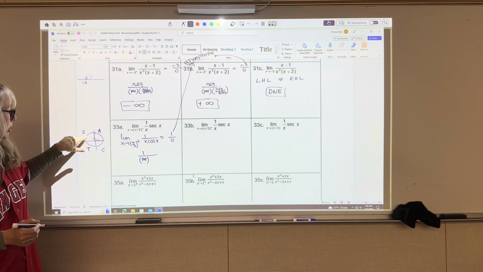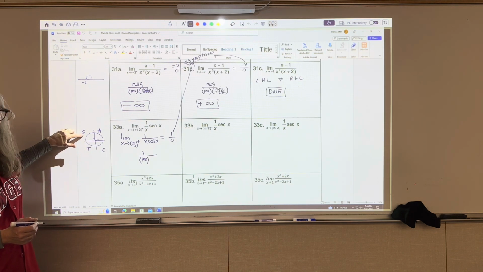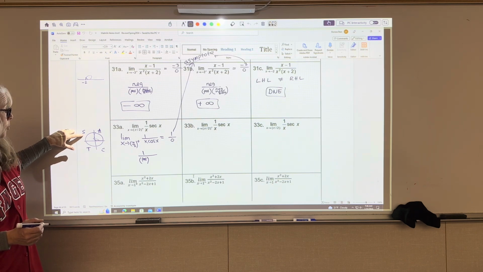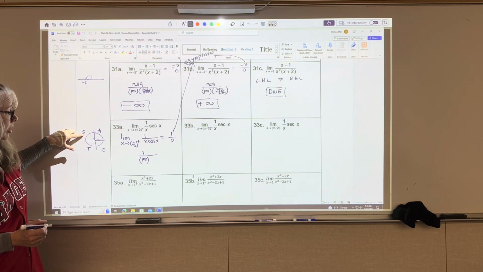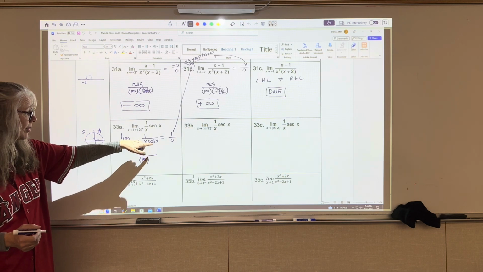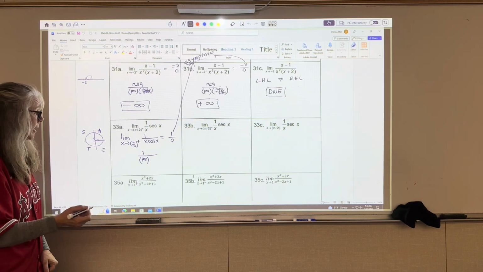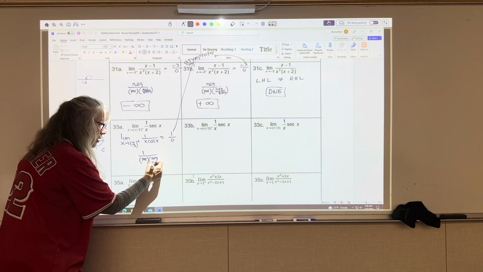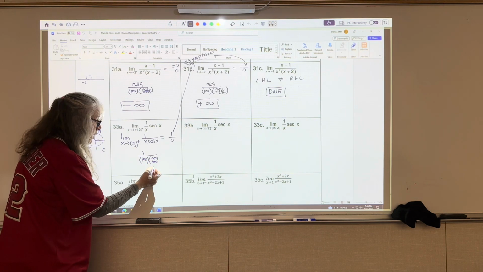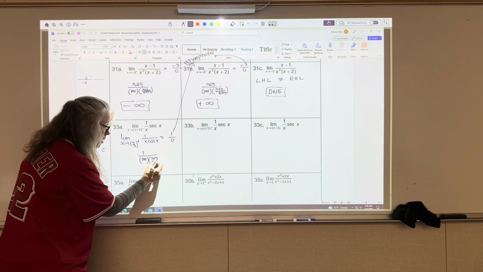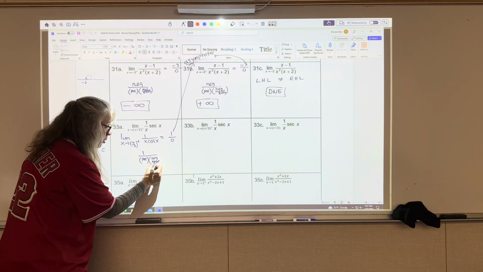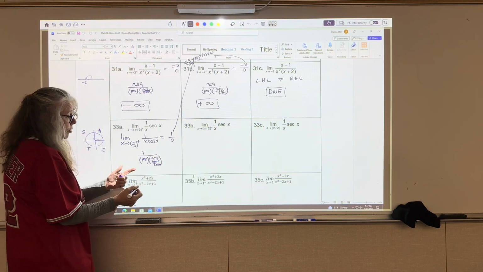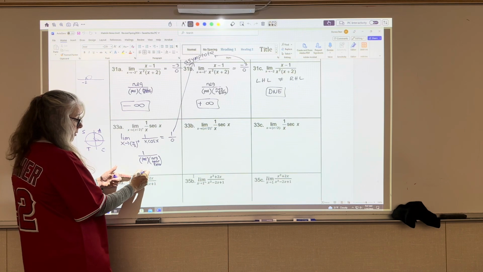And in the second quadrant, sine is positive, but cosine and tangent are negative. So cosine is negative. And so this would be negative, but nearly 0, because the cosine of pi over 2 is 0. So it's negative, but near 0. And so that's going to give us negative infinity.